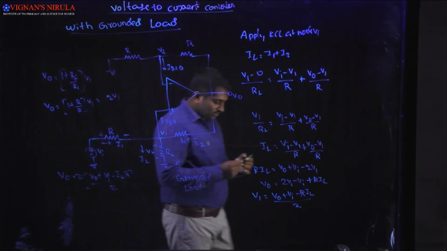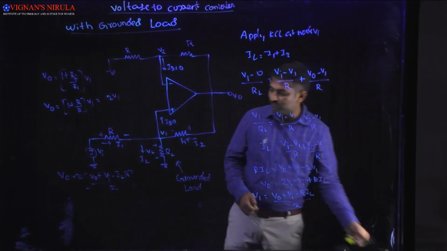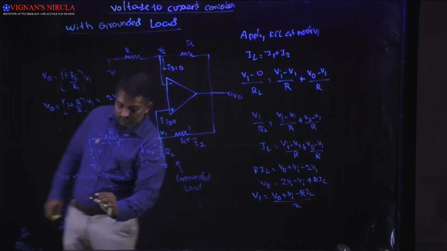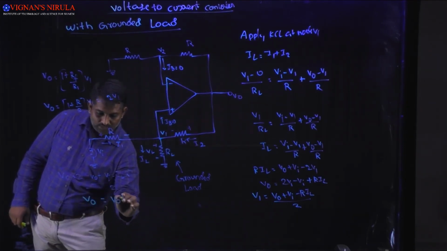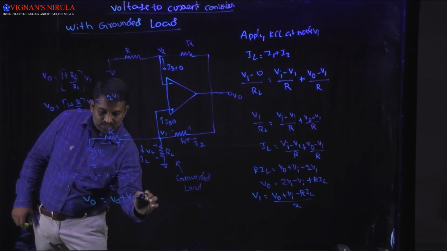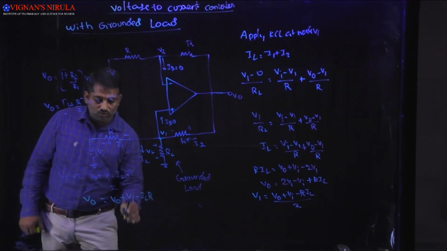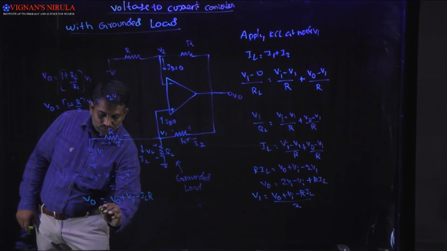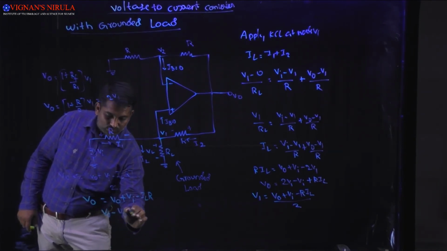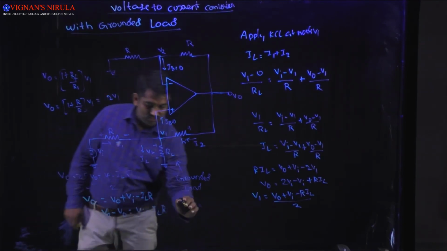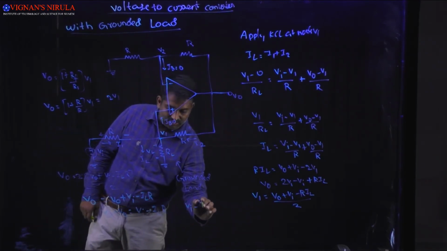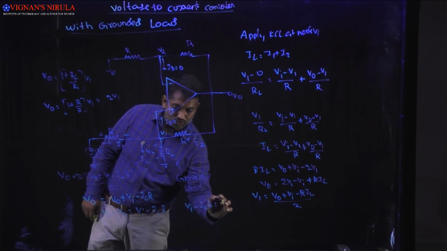So V0 is equal to V0 plus Vi minus IL into R. V0 minus V0 is equal to 0, which gives Vi minus IL into R. From this we calculated Vi minus IL into R is equal to 0.